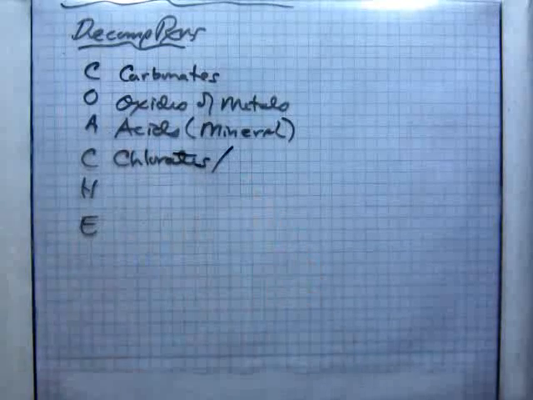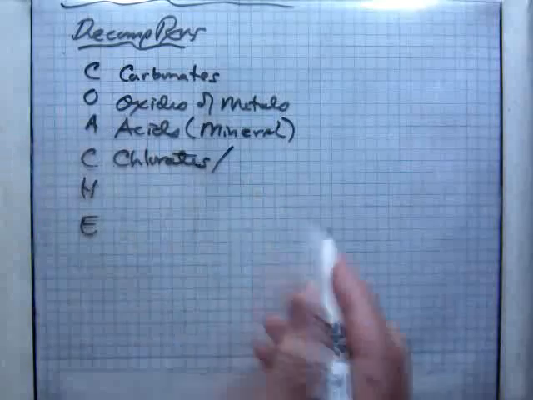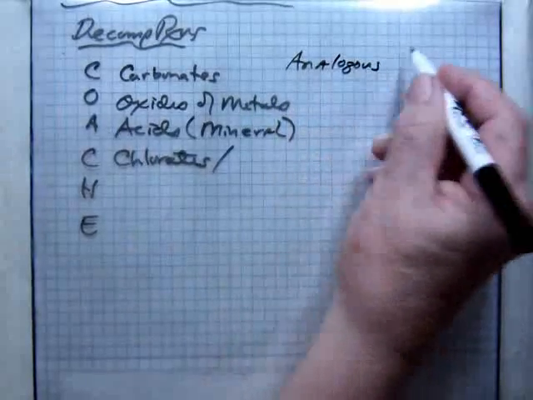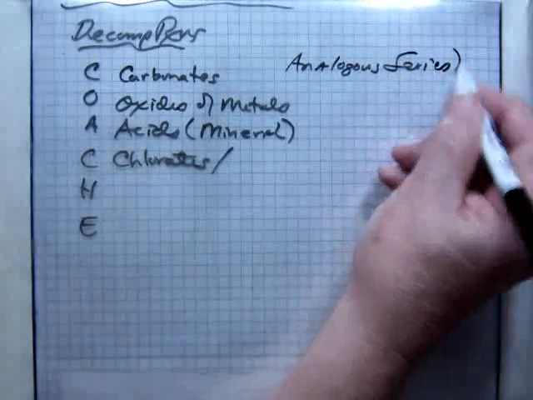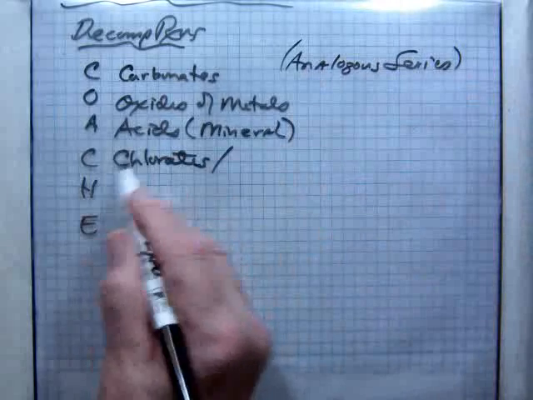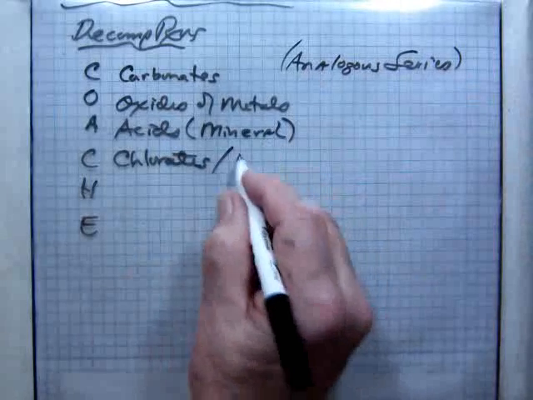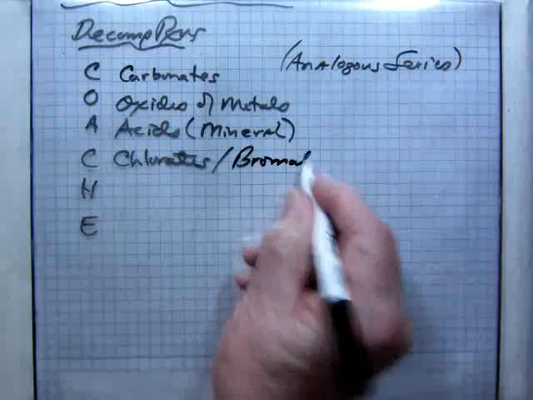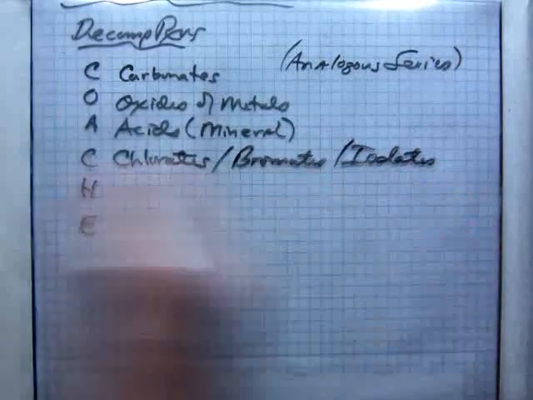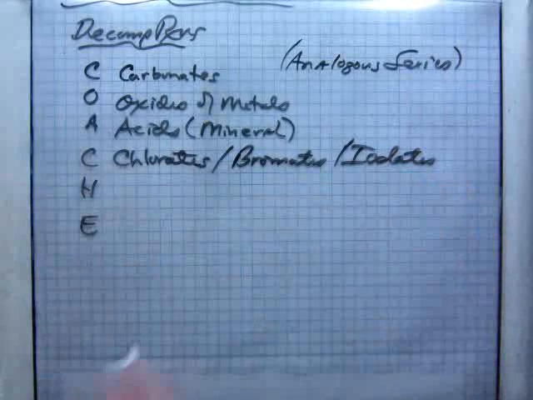Now, this is called an analogous series, a similar series, because if you use chlorine, this just fits the acronym, chlorates, but there's also bromates and iodates out of the halogen selection.